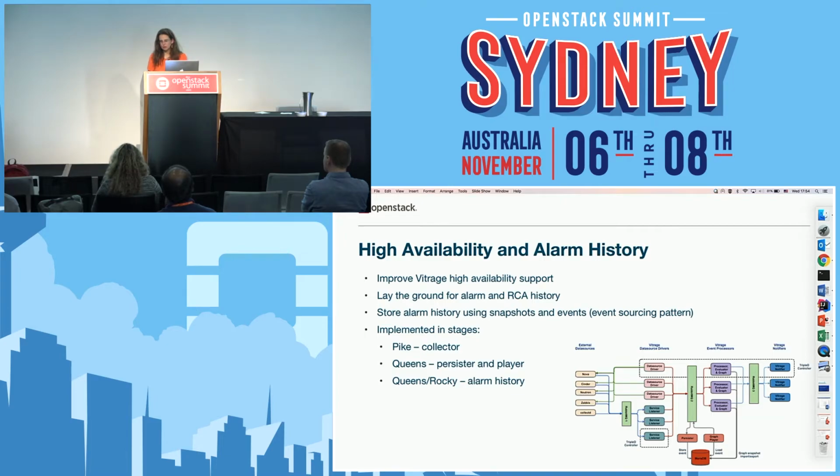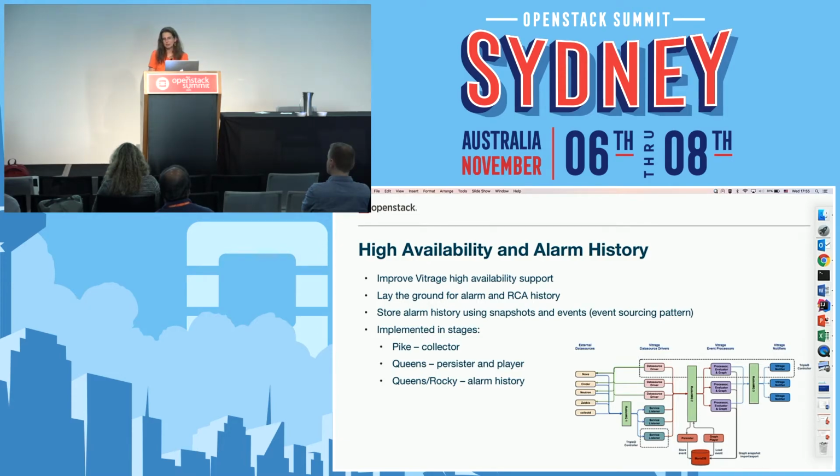In Pike, we also separated the Vitrage graph into two different processes. One is the Vitrage collector, which is responsible only for collecting data from the data sources. And the other is the Vitrage graph, which is responsible for processing and evaluating the information. In Queens, we are currently working on persistence. We introduced a MariaDB database to Vitrage. Until now, all of the information was in memory.